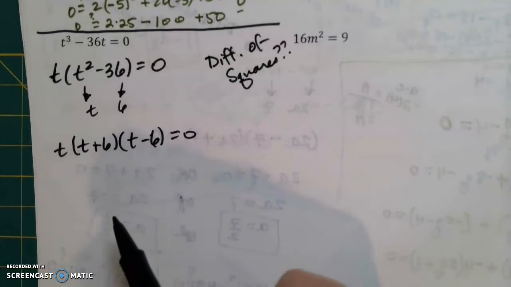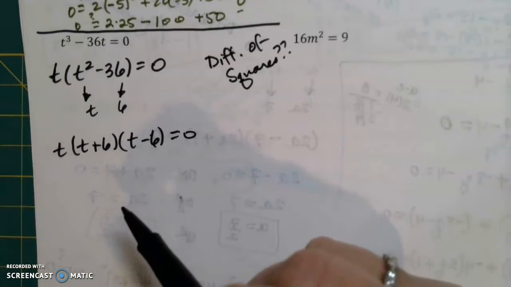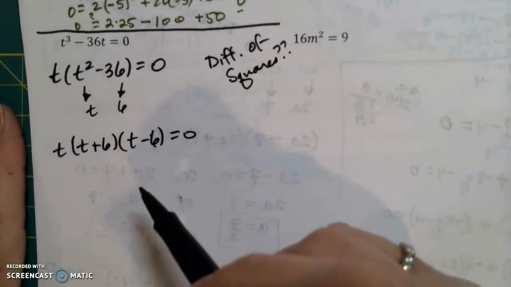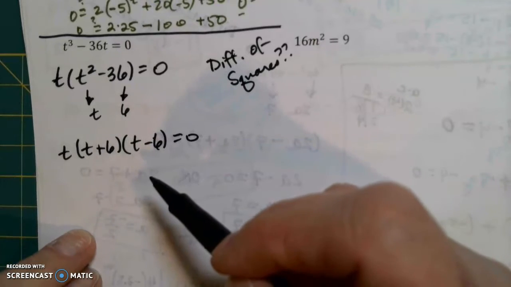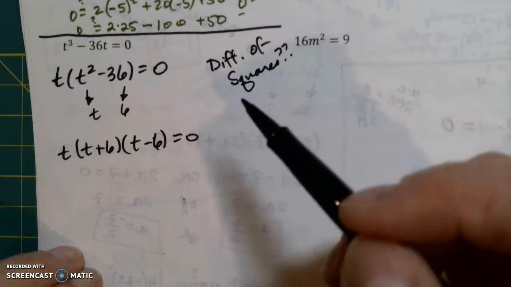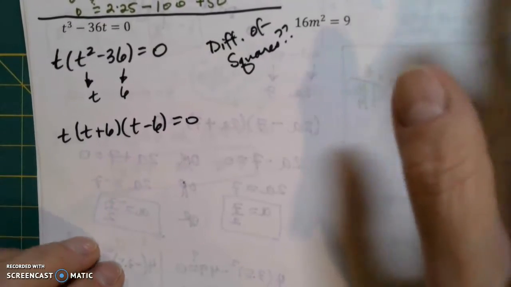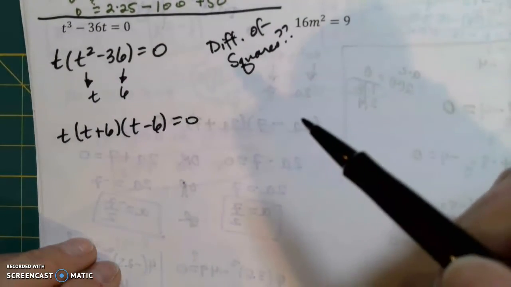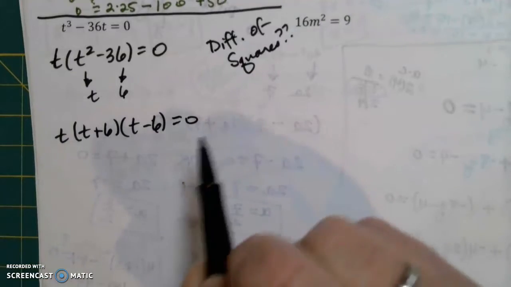Now, if it was not able to be factored, then for this class we would have to stop when we hit a point where we couldn't factor any further and wait until we get to Math 100 to get a few more solving methods under our belts before we could continue. But here we can make it into a bunch of things multiplied together, set equal to 0.